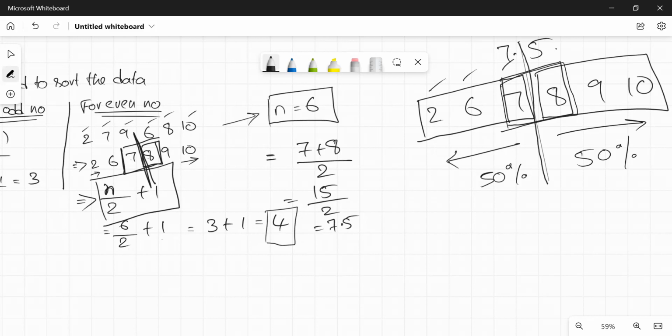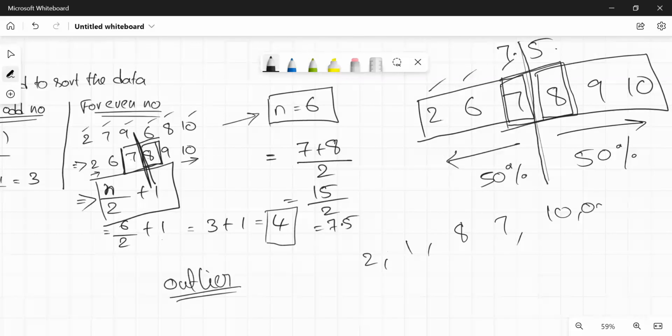And now we need to understand whether we have any effect from outliers or not. See here, whenever we sort the data, for example, this is our data, like 2, 1, 8, 7, 7, right? And suddenly a huge outlier has entered, maybe some 10,000.